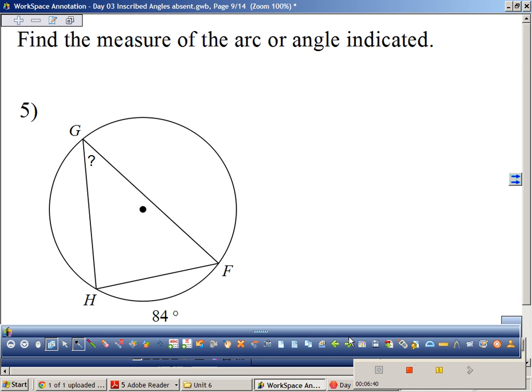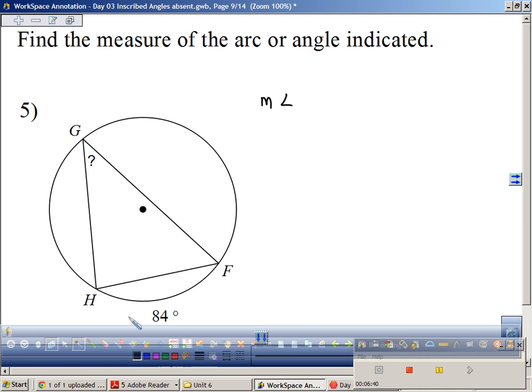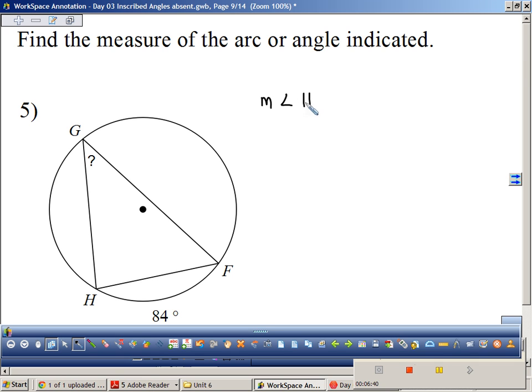Let's do number 5. Find the measure of the arc or angle indicated. So I'm looking for this angle right here. I'm looking for the measure of angle HGF. HGF, and we'll highlight it. HGF is going to be equal to half of the intercepted arc.